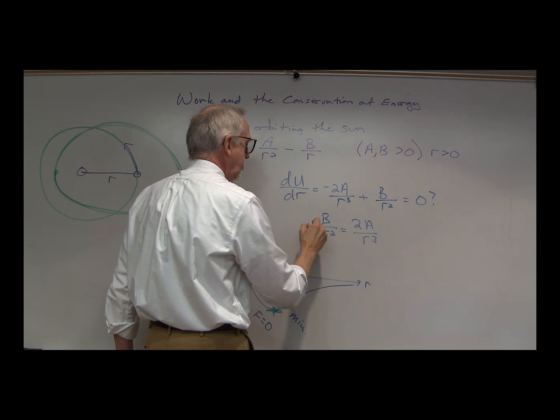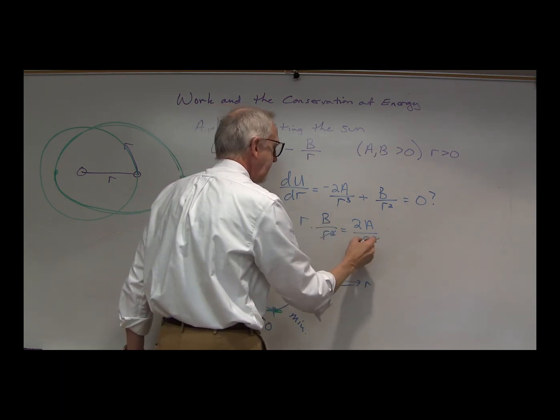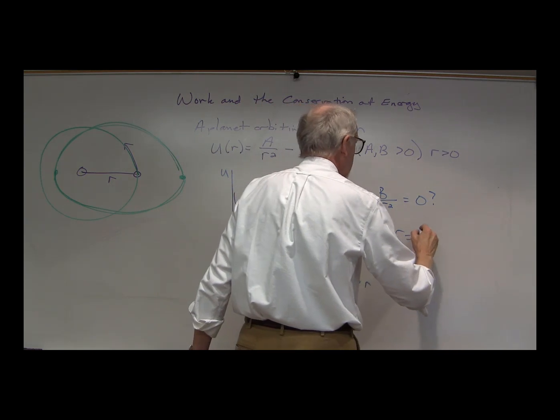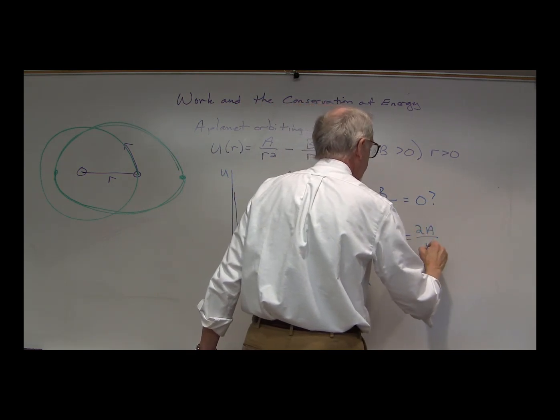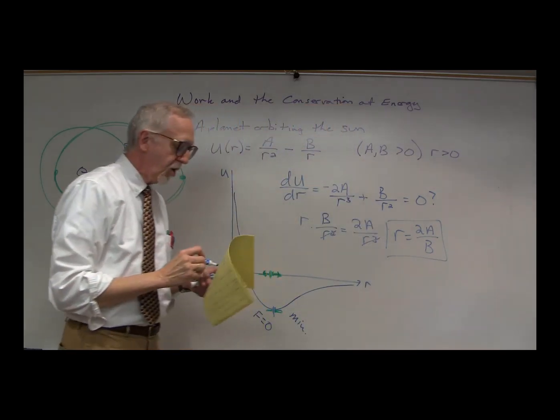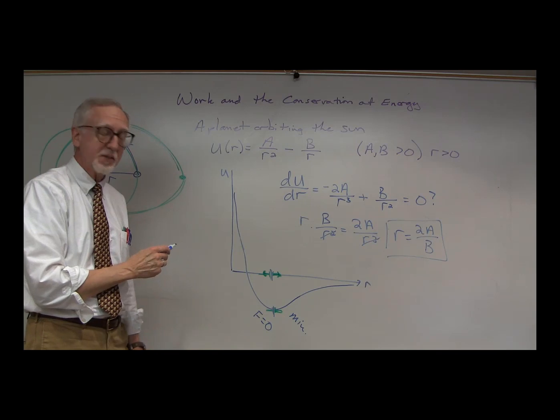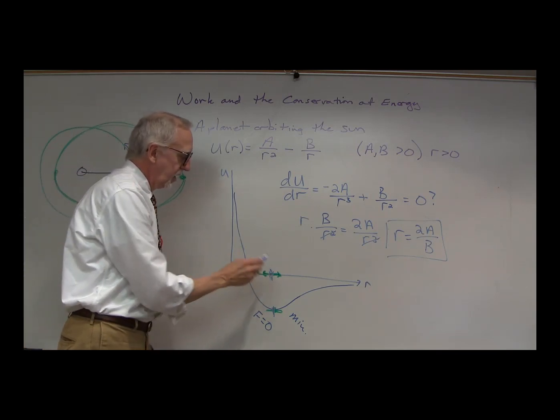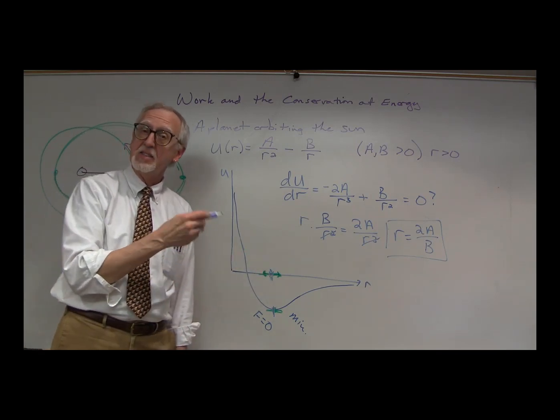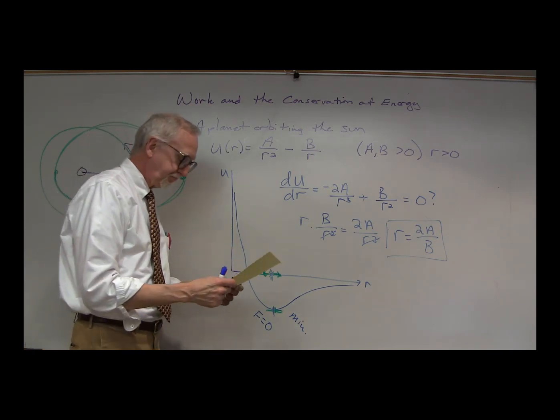Multiplying by r cubed on both sides, that will cancel and give us a factor of r, and dividing by b, what do we have? R equals 2a over b. So whatever those constants are, 2a over b is going to be our equilibrium radius. That's where the planet will have a nice, stable, circular orbit. Okay, very, very good.